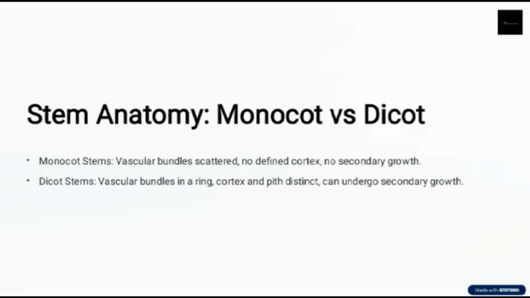After the root, once it comes up to the stem, the vascular bundle is now scattered. When you talk about vascular bundle, we are talking about xylem and phloem combined. It has no defined cortex. Both the cortex and the vascular bundles are joined together.